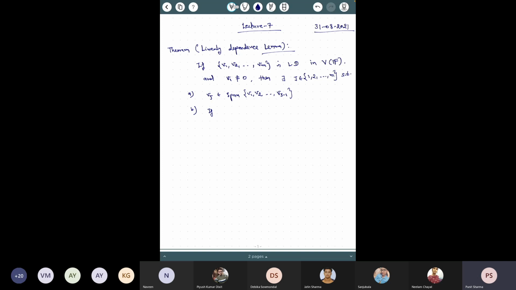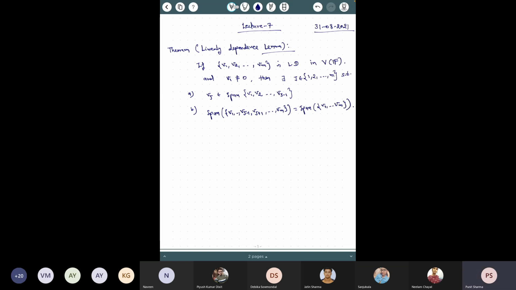That means the span of the set without vj is equal to the span of the whole set v1 up to vm. Now this proof is very straightforward.